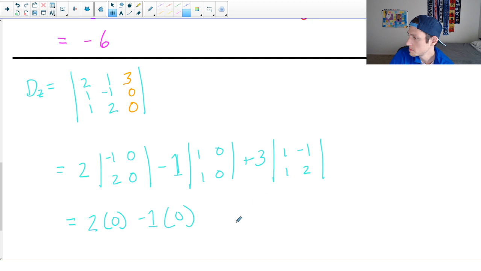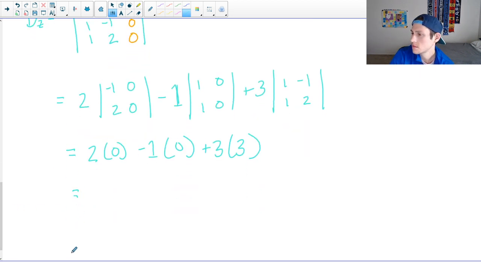That's awesome. Plus 3, 2 minus negative 1. So 2 plus 1, 3. So this would be 0 minus 0 plus 9. So 9.